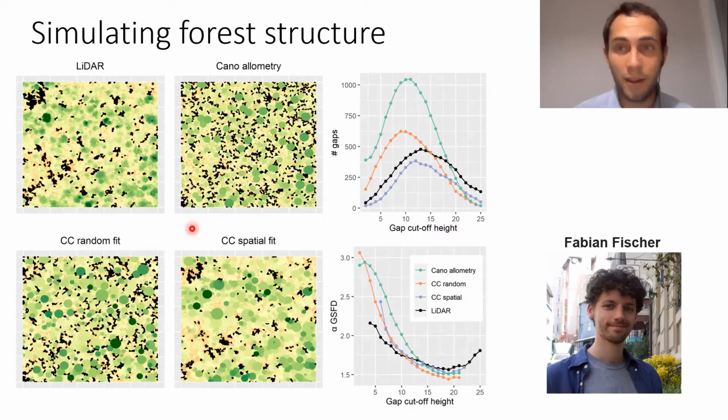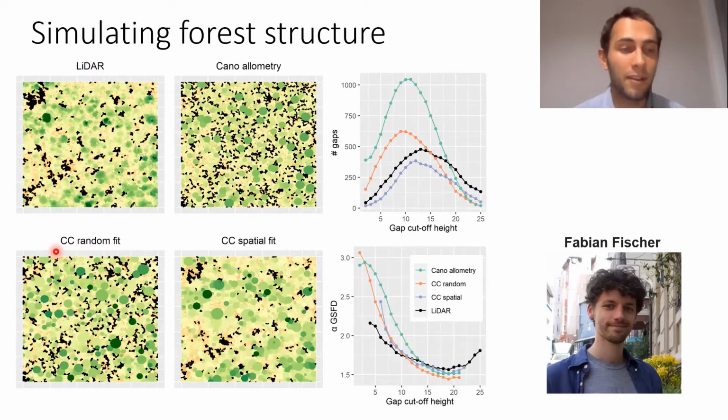And so for that, I enlisted the help of Fabian, who has created the Canopy constructor, the CC in these titles. The Canopy constructor can be run in two ways, but both essentially use the LiDAR data to choose a model which best fits. So it uses the inventory data, the height allometries, the crown allometries, just as before, but now it also uses the LiDAR data.